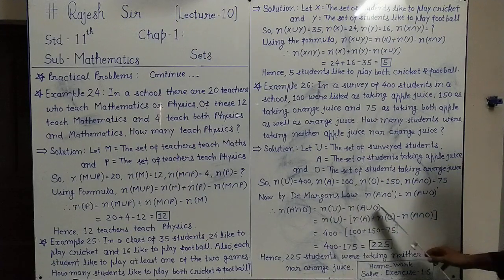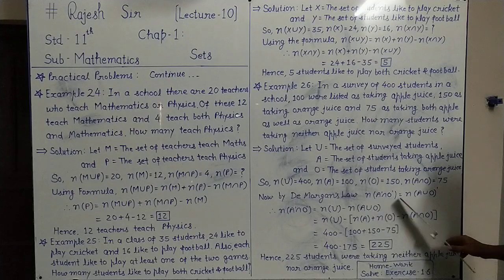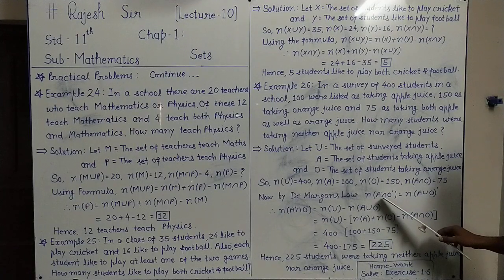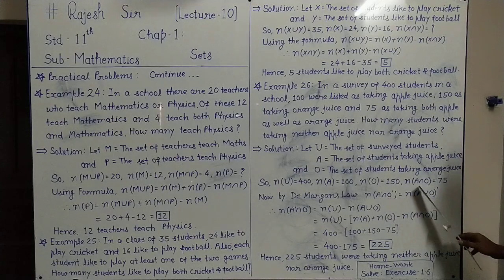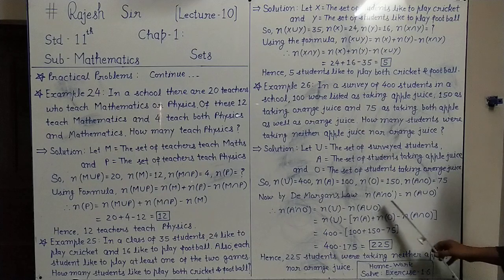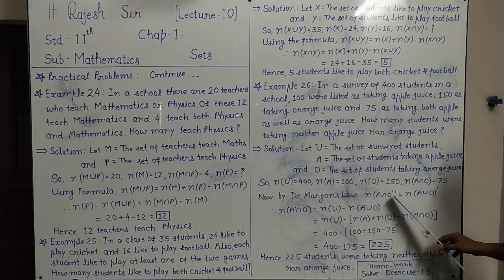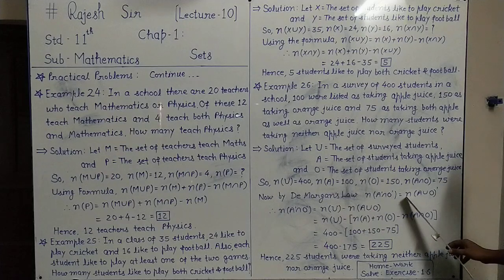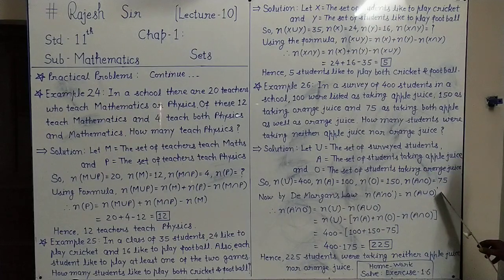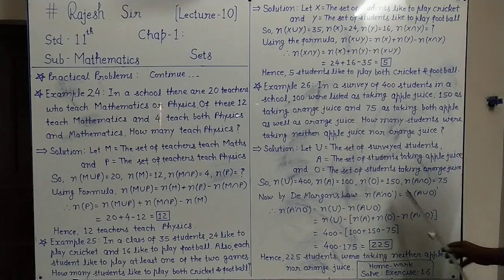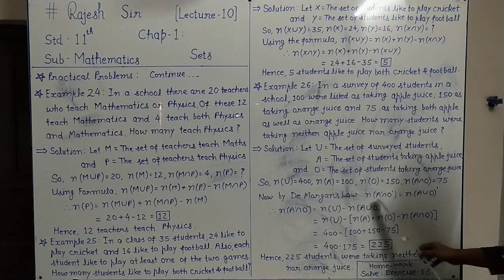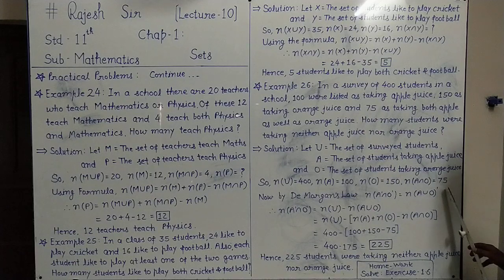By De Morgan's law, the intersection becomes union and the dash goes on the whole. A dash intersection O dash equals (A union O) whole dash. Therefore n(A dash intersection O dash) equals n((A union O) dash).